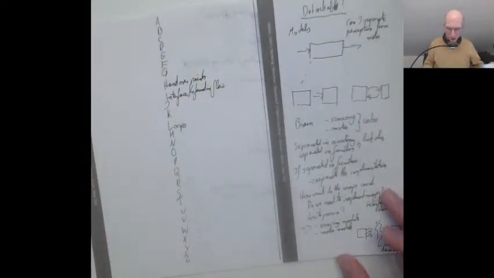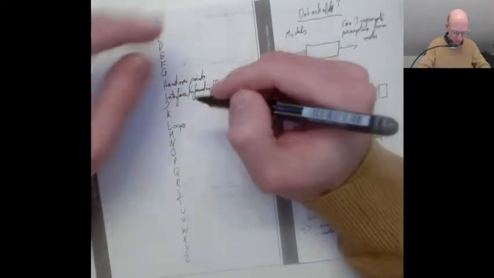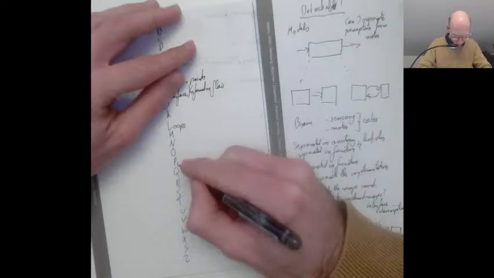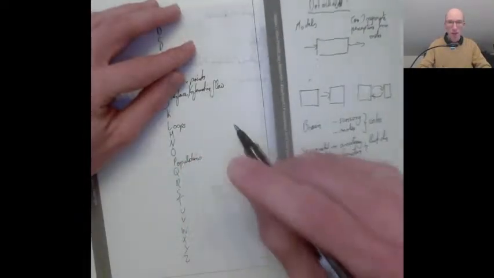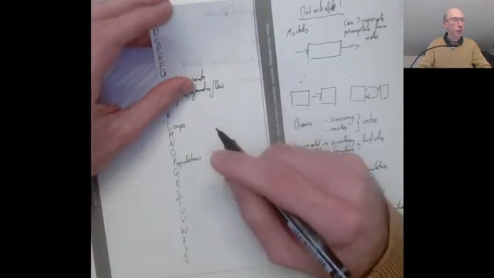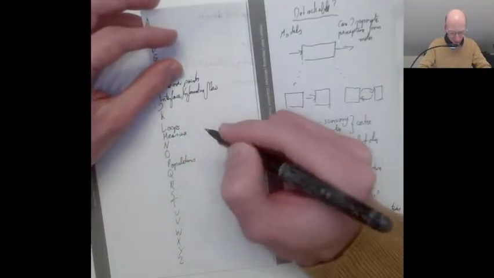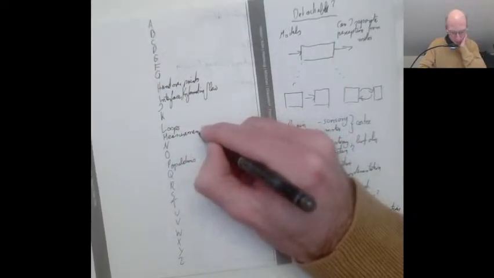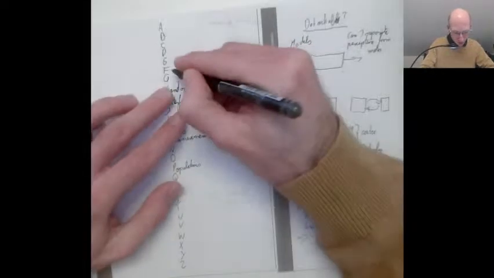Good. We have populations. We have something detectable. We can measure the output. Measurement. We have a function here as well.